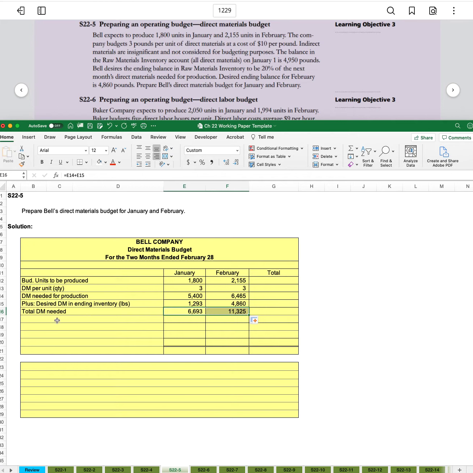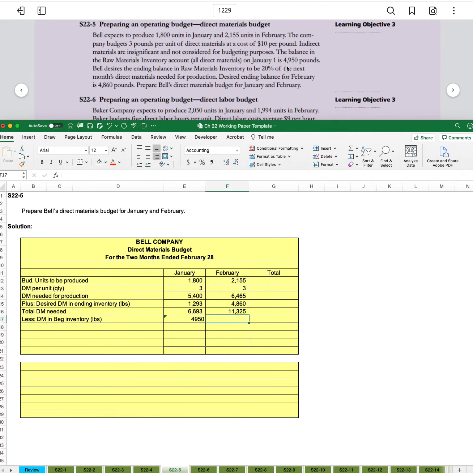And now we can subtract out the direct materials in the beginning inventory. Again, this is in pounds. And so it told us that January 1st we had 4,950.